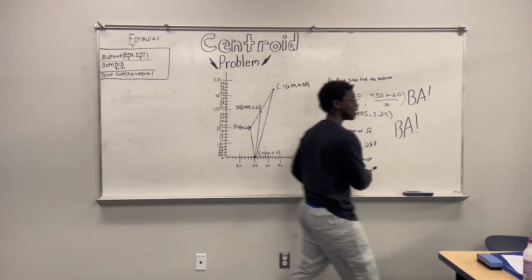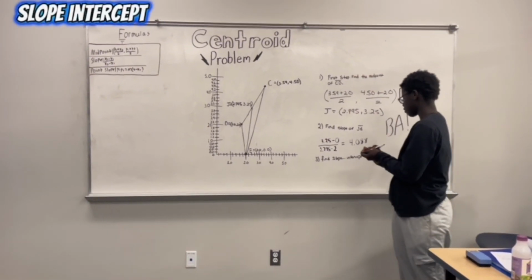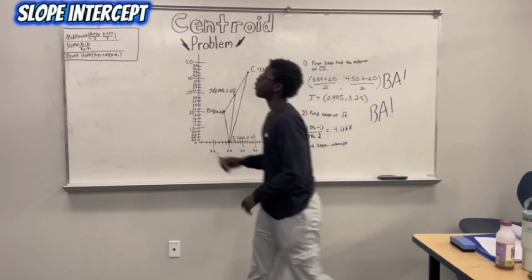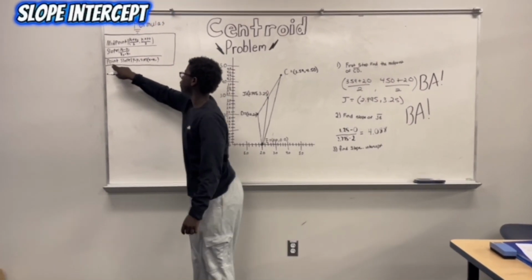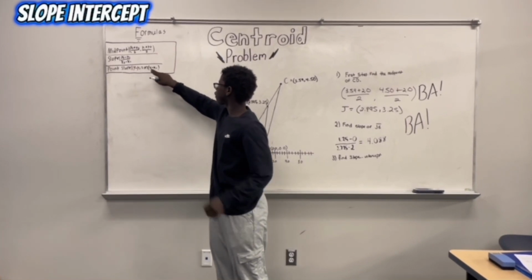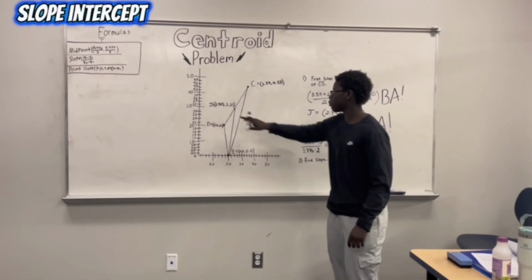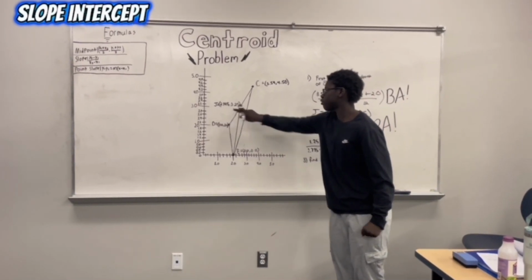Alright. The next step in our centroid problem is to find the slope intercept. So what we did, we used our point slope formula, which is y minus y1 equals m times x minus x1. And our y and x is going to be our midpoint for J that we found.